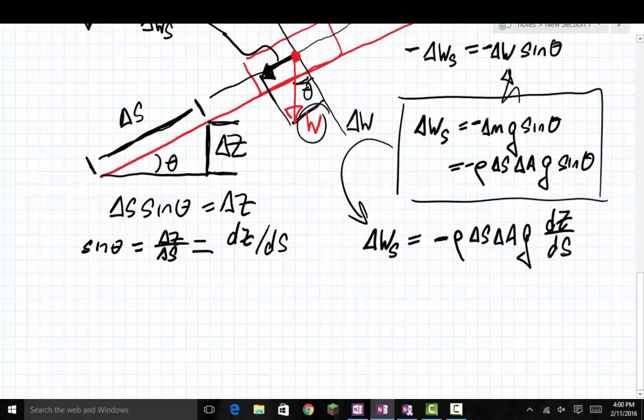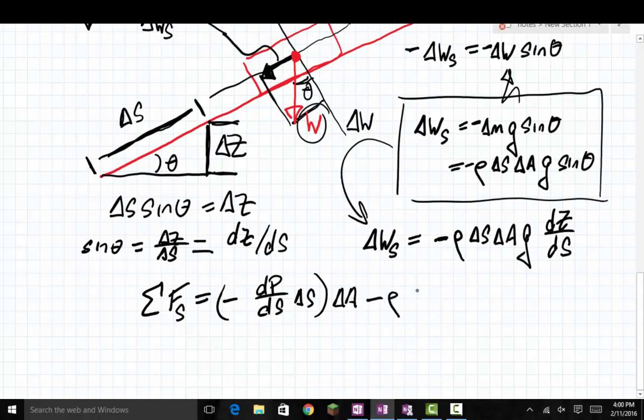So if I add this now into my sum of the forces terms, I'll do it all again. The sum of the forces will equal minus dp/ds times delta S times the area, delta A. Now there's the weight term, which is going to be minus rho delta S delta A times g dz/ds.